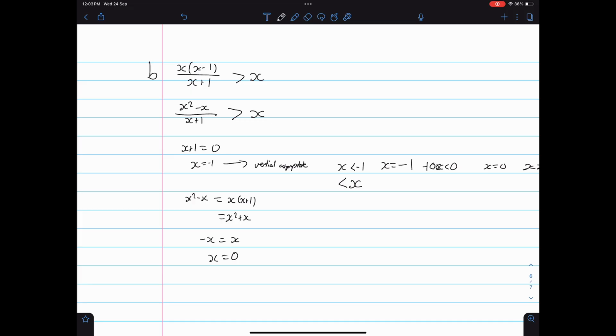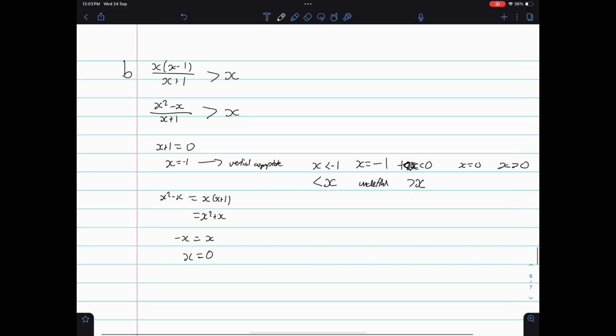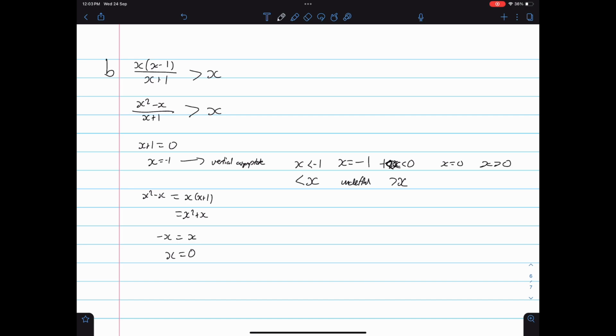And then at x equals negative 1, you'll get undefined. But then between negative 1 and 0, you'll be greater than x. You just need to test out a few values, but you can also think about it logically.